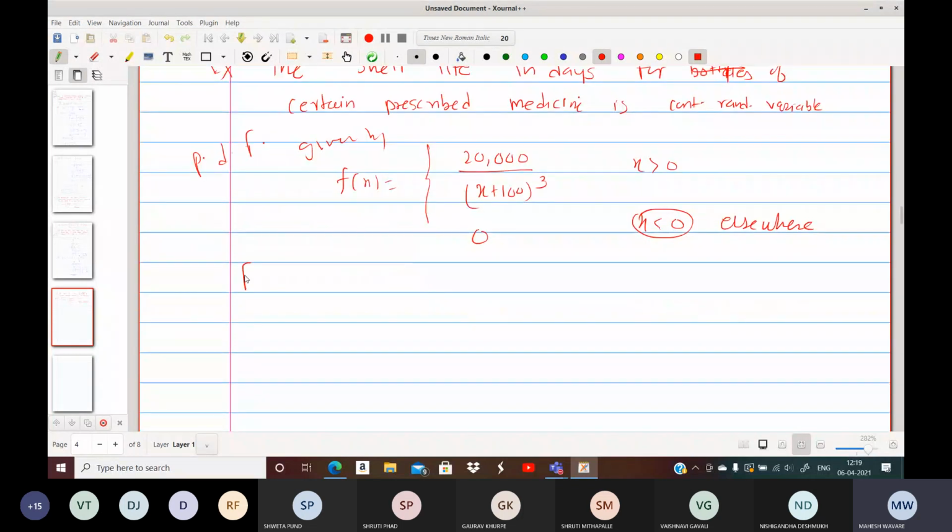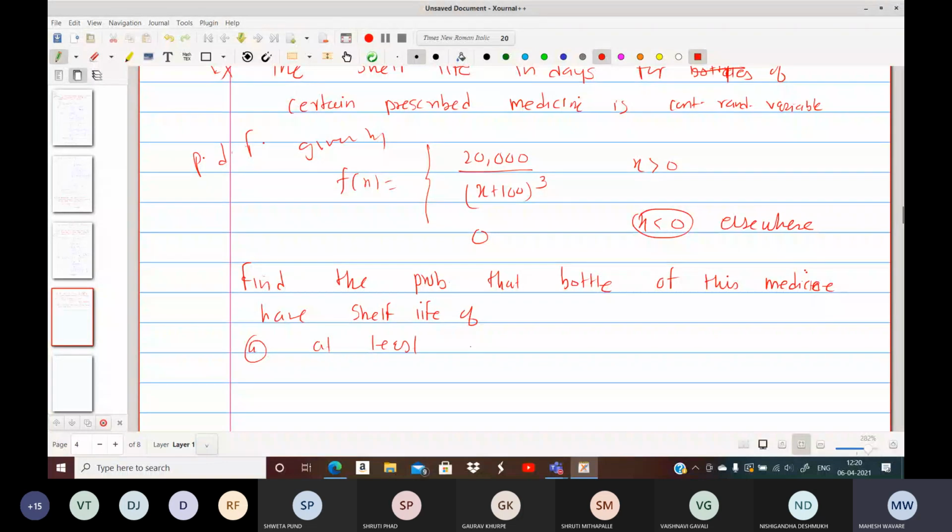Find the probability that a bottle of this medicine has a shelf life of, two parts are there, at least 200 days.